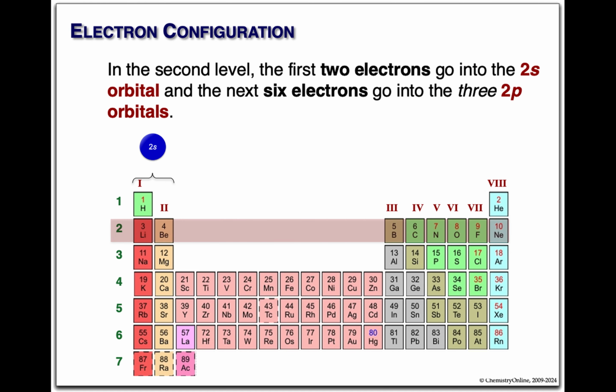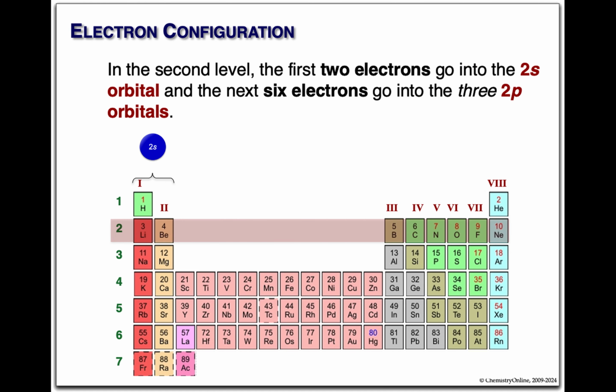Now, once we fill the first energy level, the next 2 electrons go here in the 2s. That's going to be called the 2s2. We have 2 electrons left. 1, 2. They're in the p orbitals now. So this is 2p2.